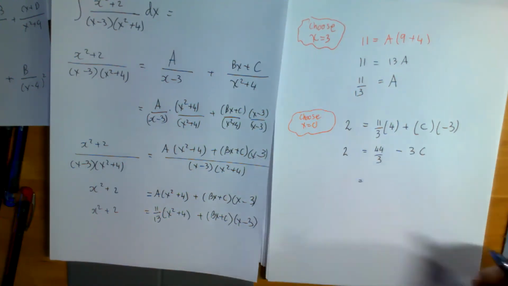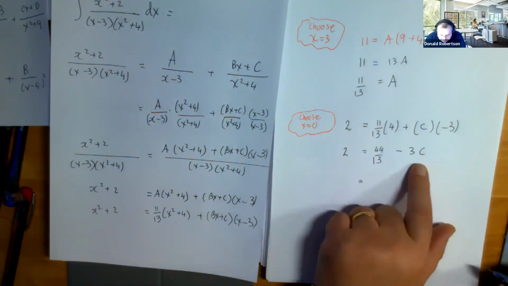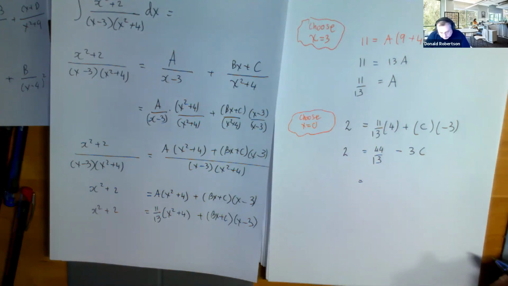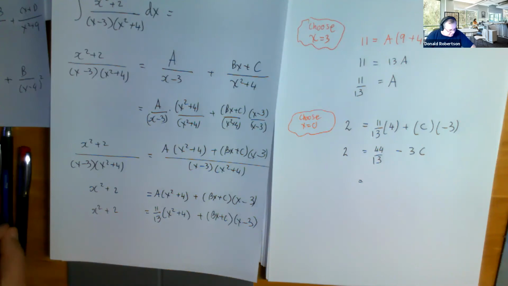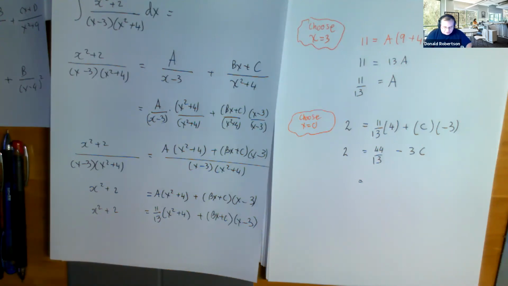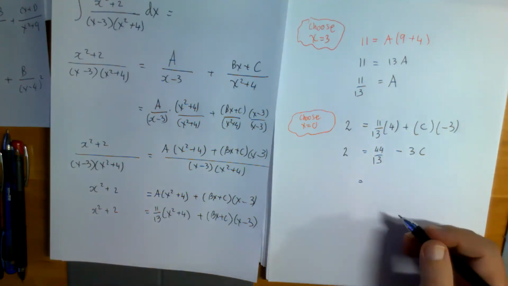Isn't it thirteenths? What happened there? I keep losing my ones. God, it's probably even uglier than it was. Now, tell me what to do in the next line. Don't let the ugly fractions make you change your mind. Do what you would have done if it was nice numbers. Subtract 44/13 from both sides.